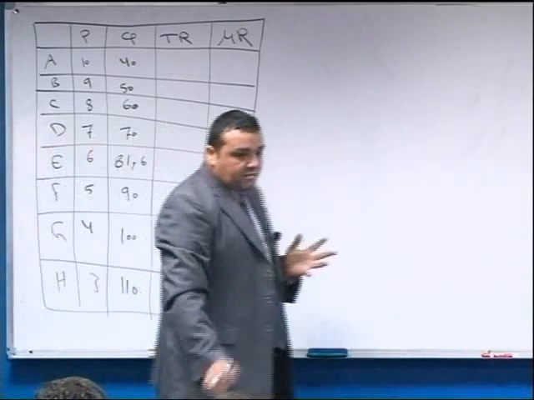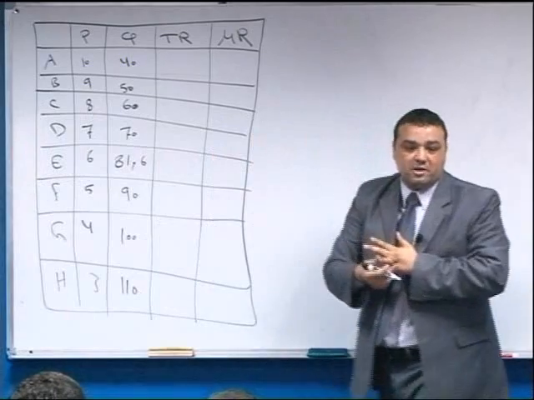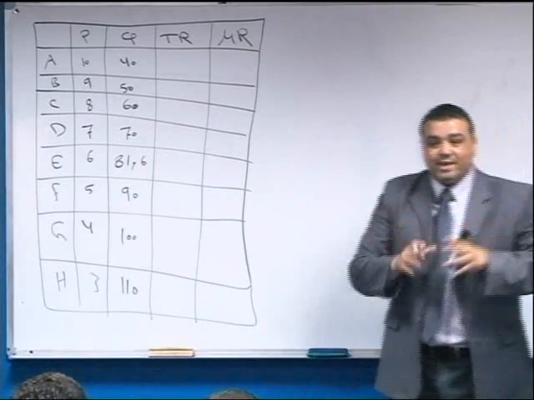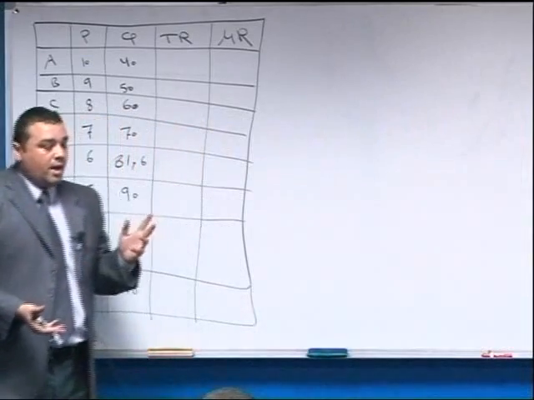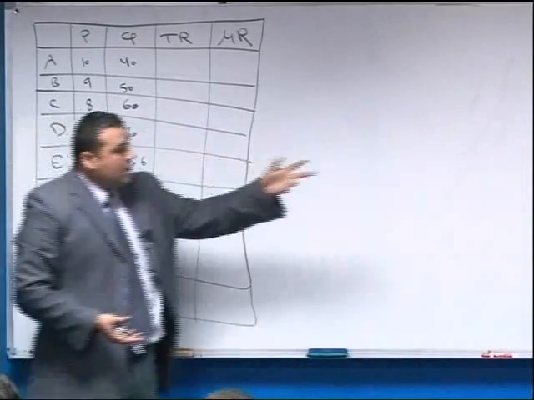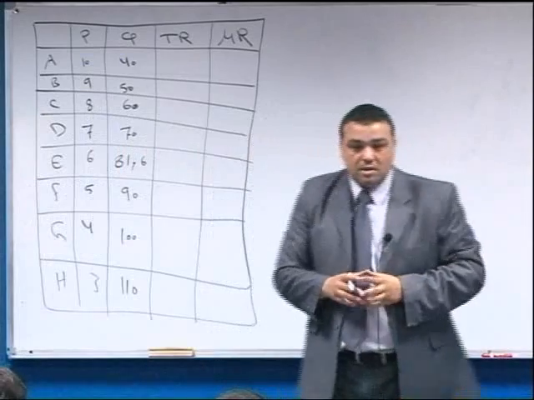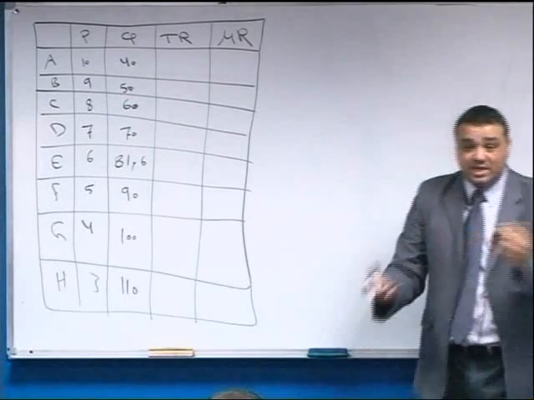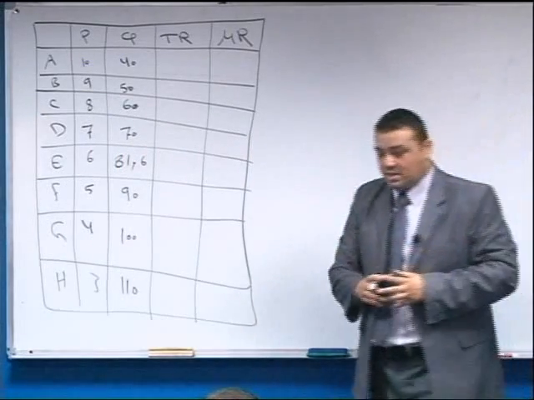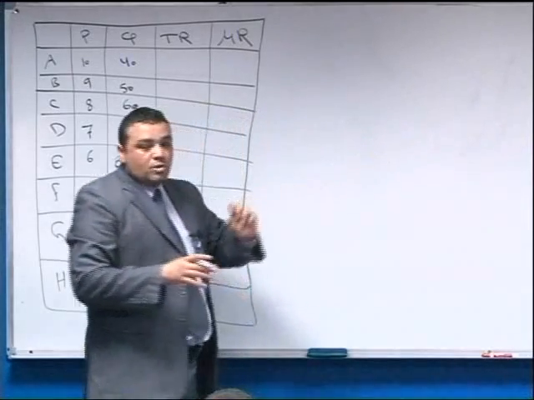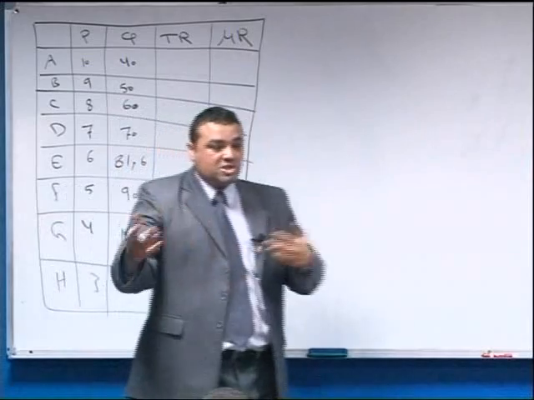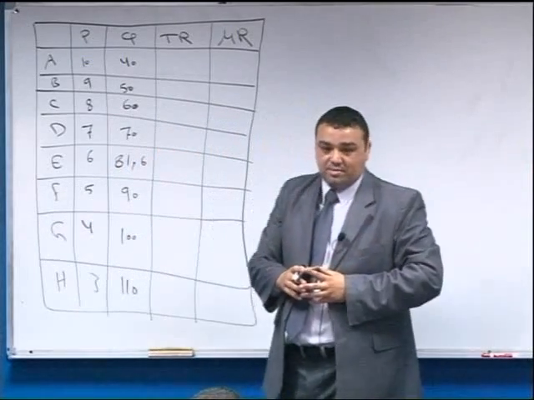Calculate the total revenue and marginal revenue and explain the relationship between the marginal revenue and the prices, when the demand is elastic, inelastic, unitary elastic, and so on, and draw the diagram which shows the relationship between these variables.